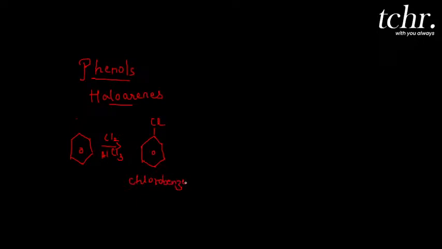Now I have chlorobenzene with me. Using chlorobenzene, I need to prepare phenol. First, I'll treat with a strong base, NaOH, and secondly, on acidification, what I get will be phenol.